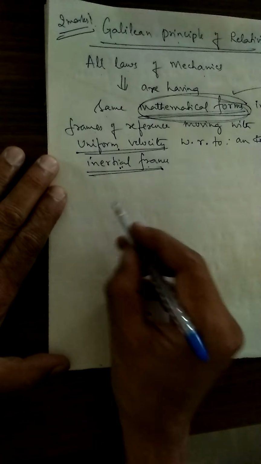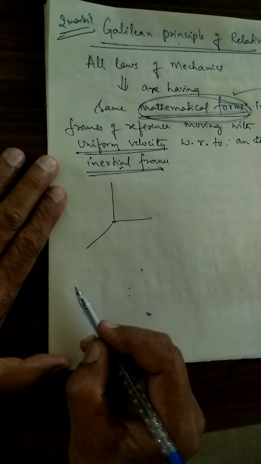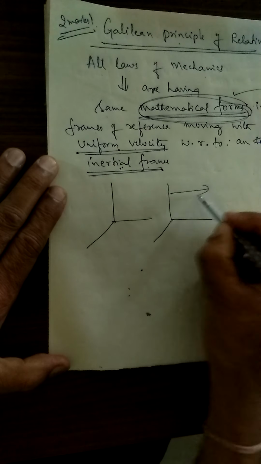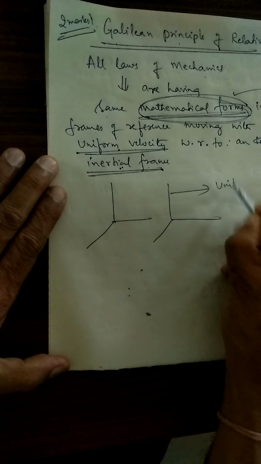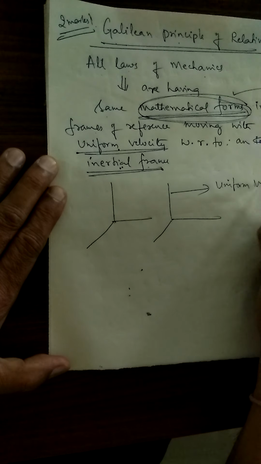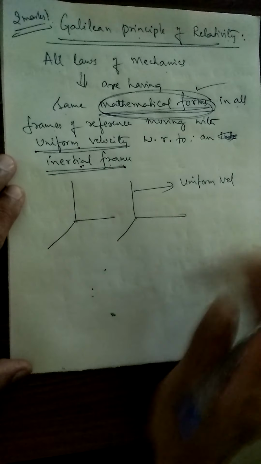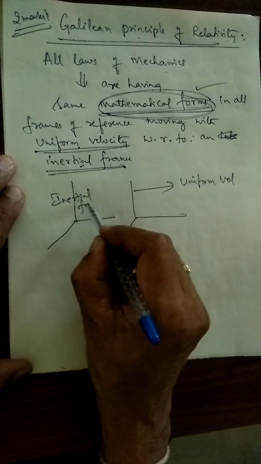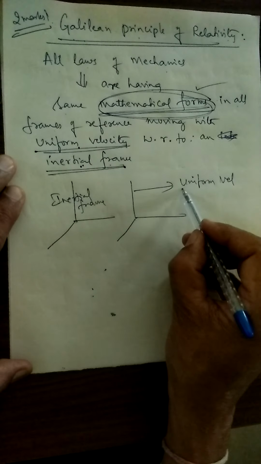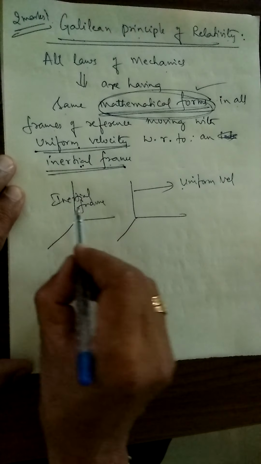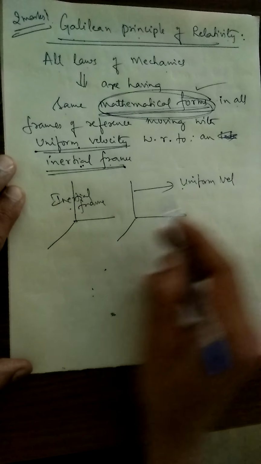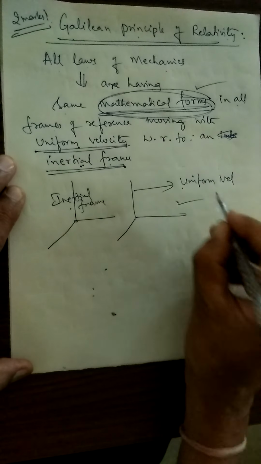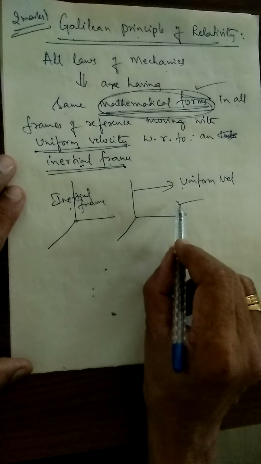If there is an inertial frame, already existing here, and you consider one more frame, if this frame is moving with a uniform velocity with respect to the first frame, then in this frame all laws of mechanics have the same format.